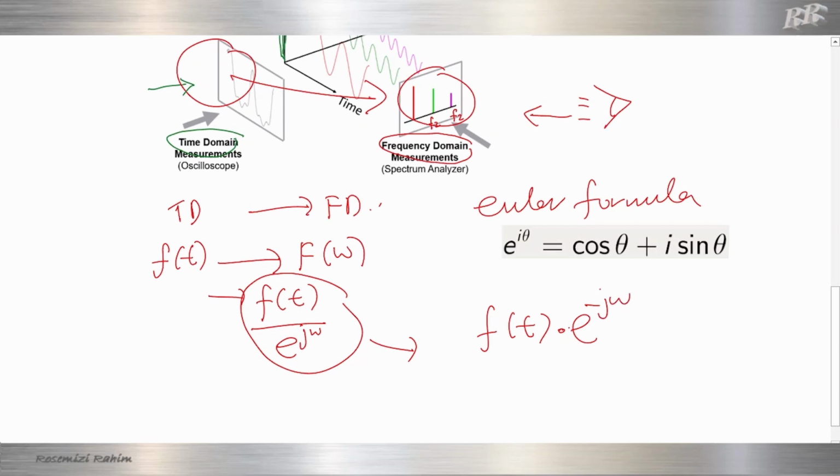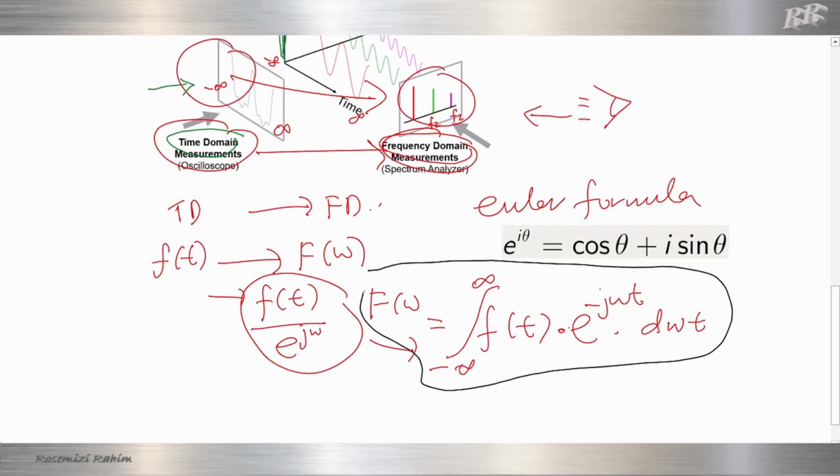We know that our time is from minus infinity to infinity, so we integrate from minus infinity to infinity, with respect to time, dt. So this is the formula to convert from time domain to frequency domain, and this formula is equal to F(omega).